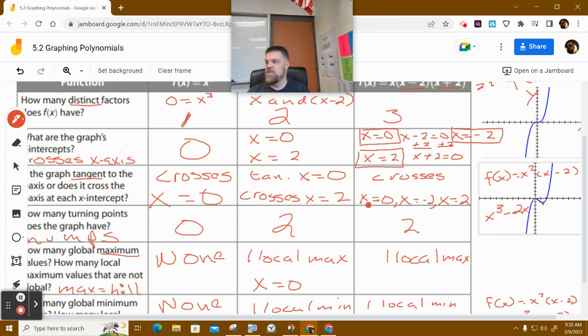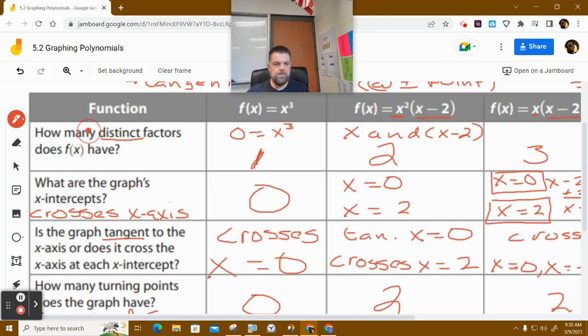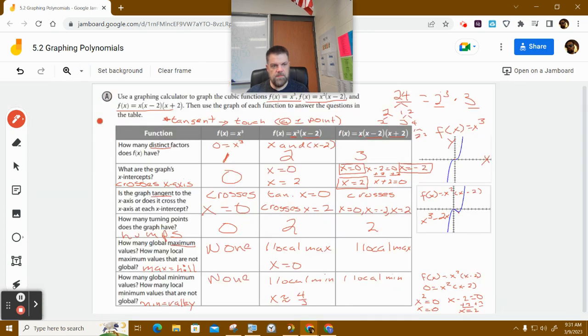Processing it might take a little bit of time. Let me zoom out so you guys can see it a little better. Oops, that's not out.